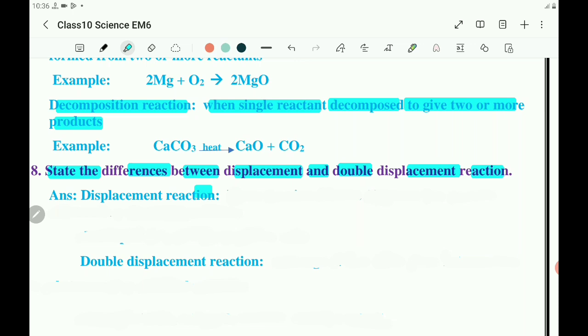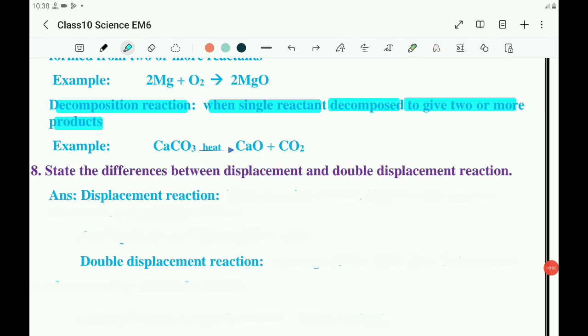It is a chemical reaction in which more reactive element displaces less reactive element in a chemical reaction. In the chemical reaction, the element which is more reactive displaces less reactive element from the compound.